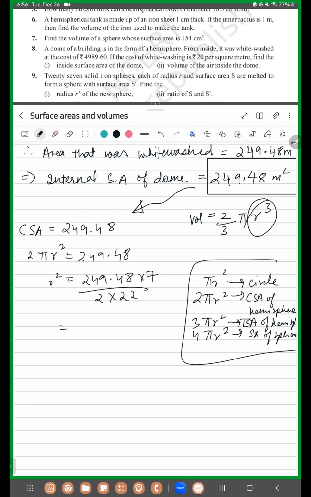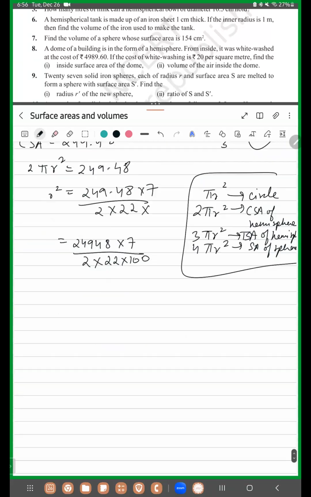I'm just going to remove the decimal for a while. Okay, let's not confuse you guys. Now I removed the dot, the decimal.